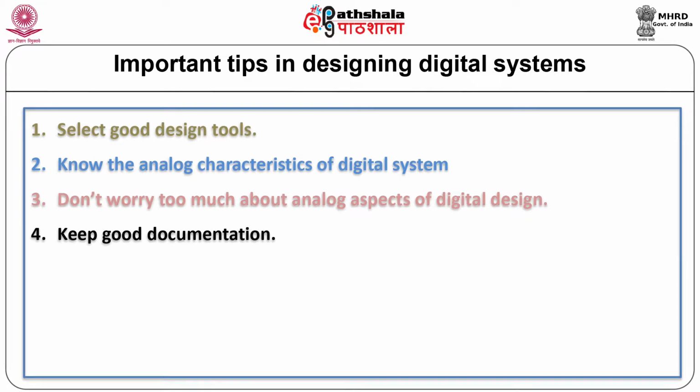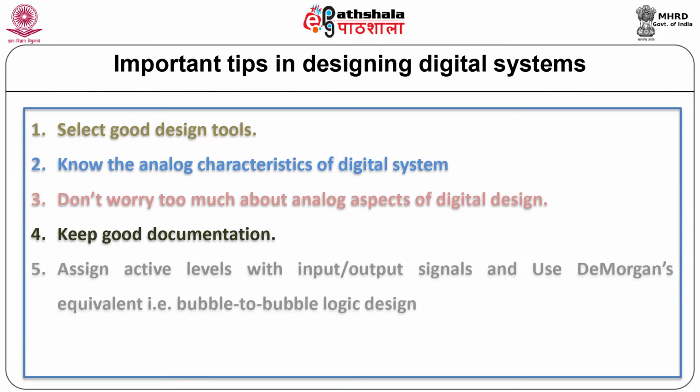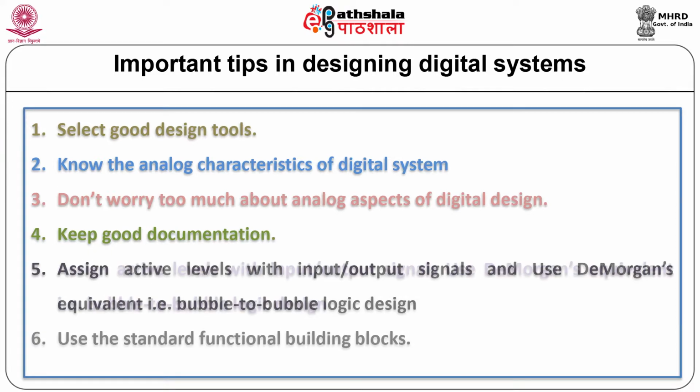Always document your design to make it understandable by yourself and others. Thus, keep good documentation. Associate active levels with signal names and practice bubble to bubble logic design. In short, use De Morgan's equivalents whenever necessary.